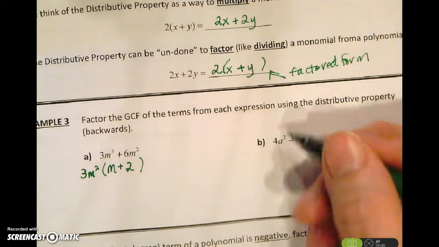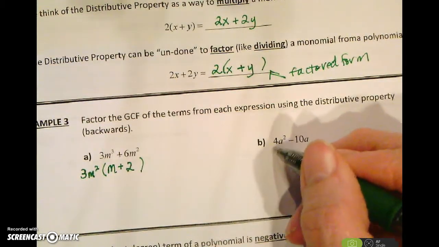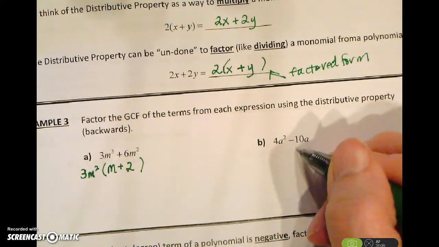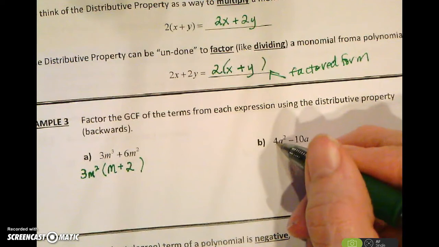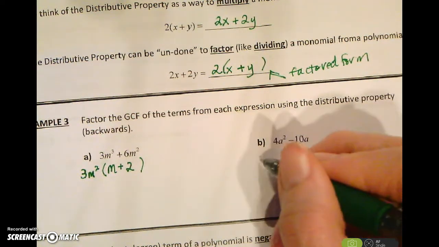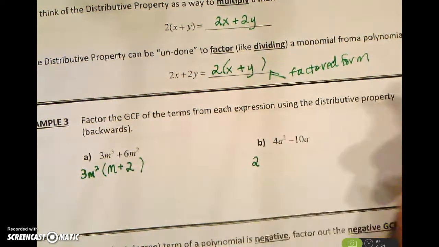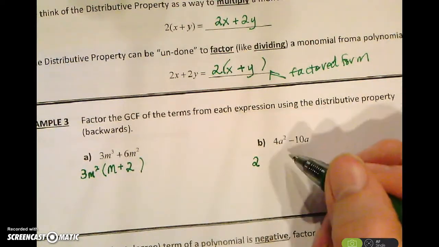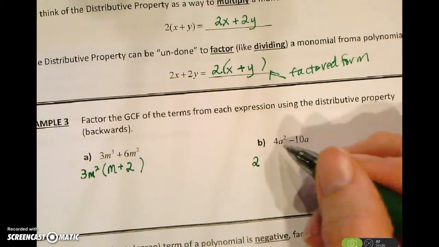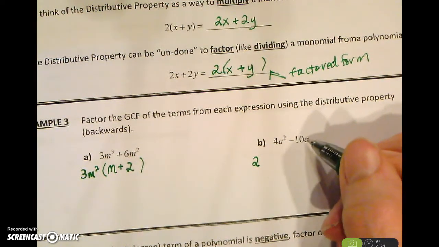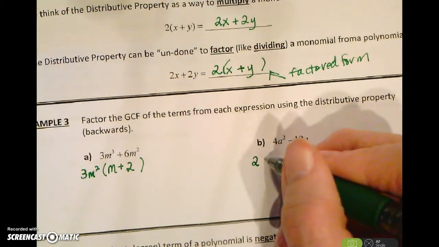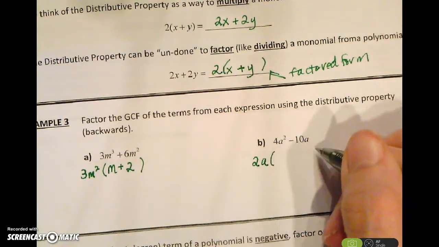For B, what do they have in common? 4 goes into 4, but 4 does not go into 10. So the next number that goes into 4 is a 2, which will also go into 10. So 2 is going to be part of my GCF. And then I'm going to look at my a's. How many do they both have in common? Well, they both have just the one a.